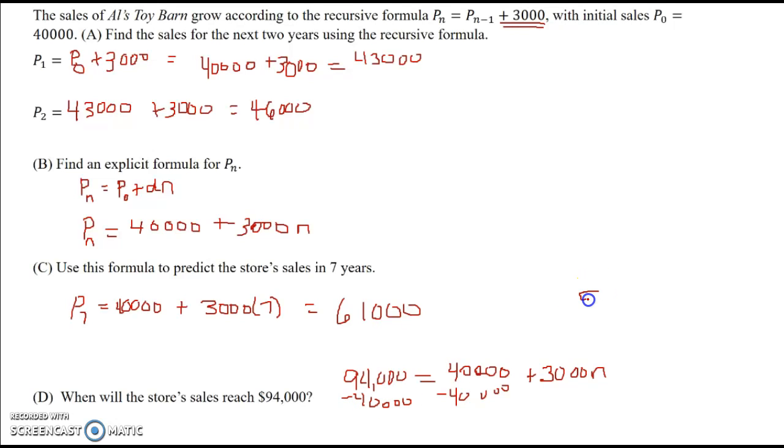So that's going to give me 54,000, and that's going to be equal to 3,000 n. And then I'm going to divide by 3,000. And 54,000 divided by 3,000 is going to be 18. And that's n. So when will the store's sales reach 94,000? In 18 years.